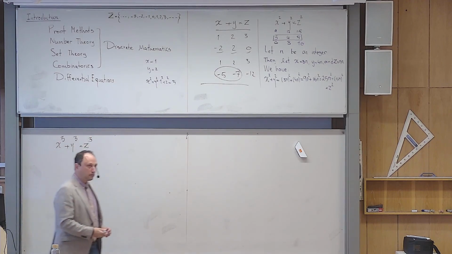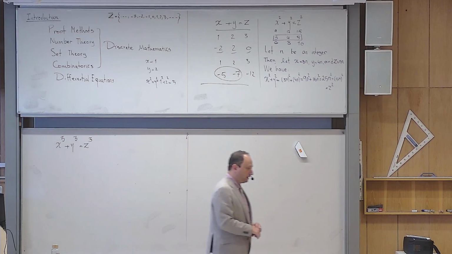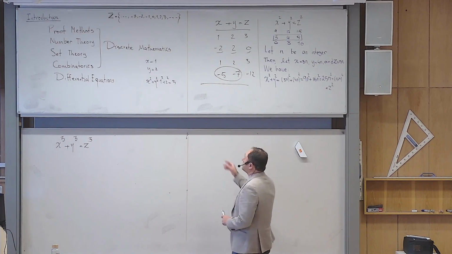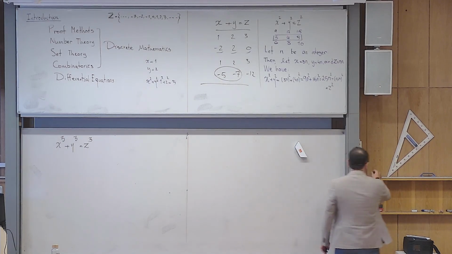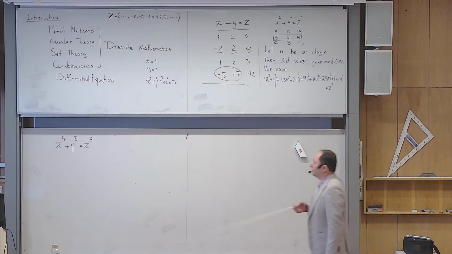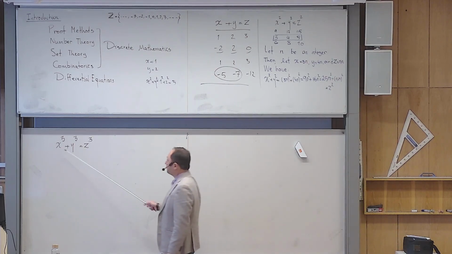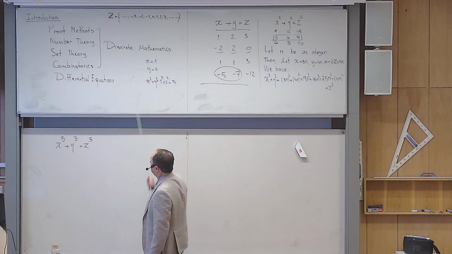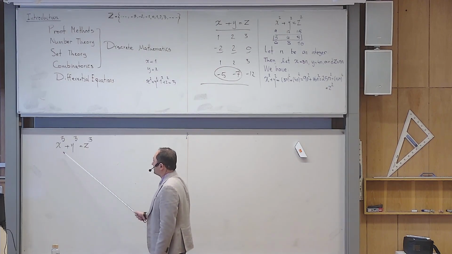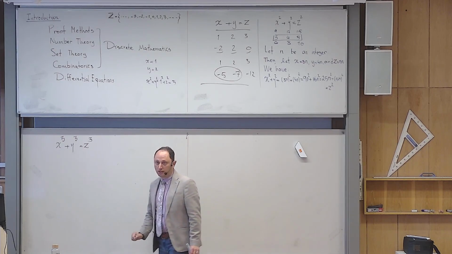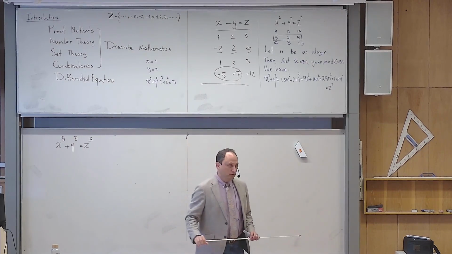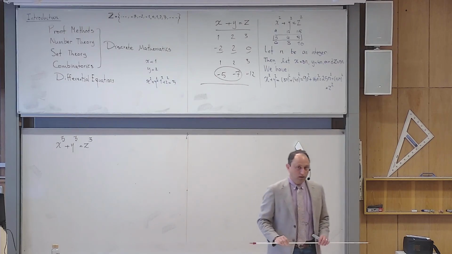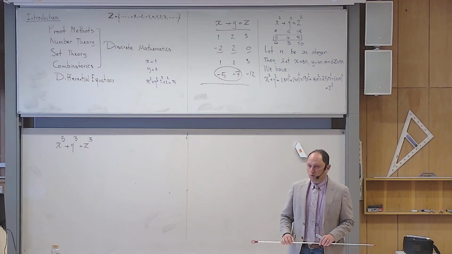Again, let me test your understanding. If I relax that condition, so let us say that instead of having these restrictions that x, y, and z are coming from the integers, let us relax that condition and I say that x, y, and z are real numbers. Okay? And I ask you the same question.